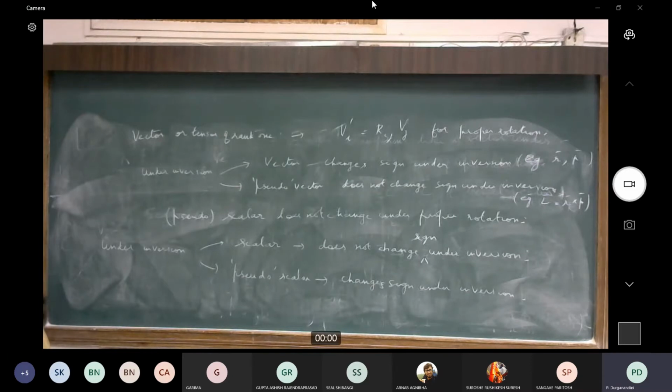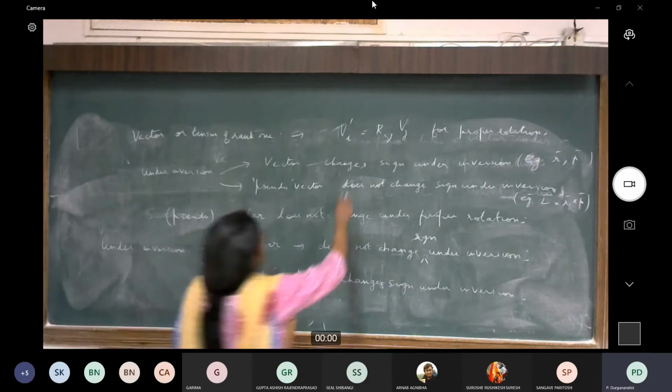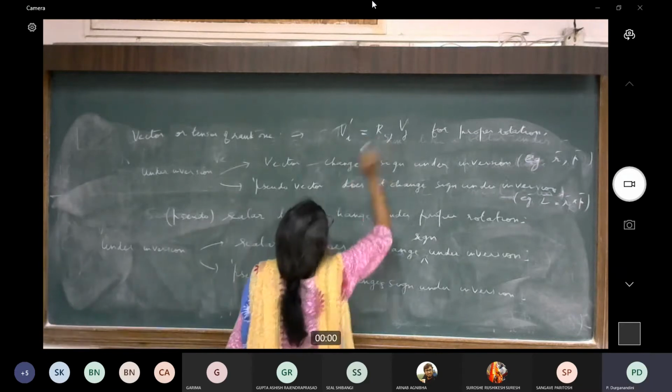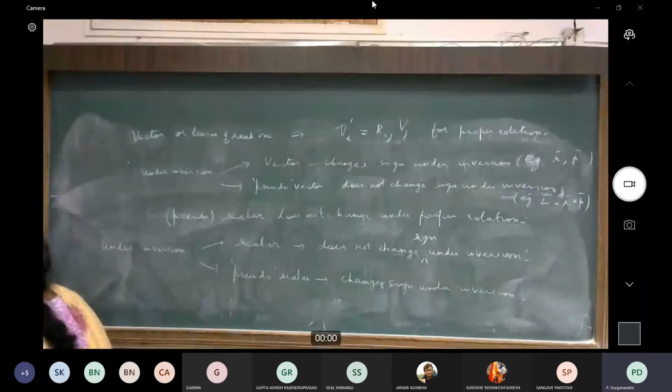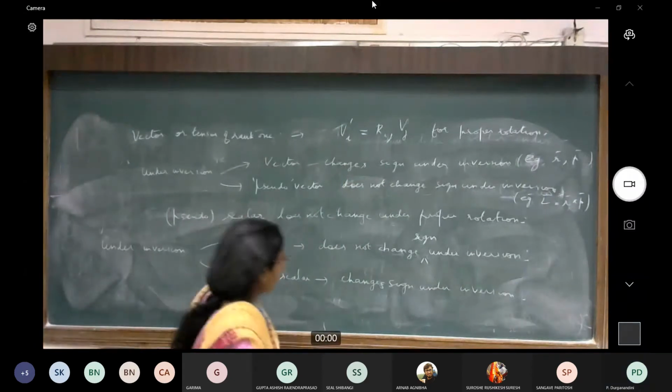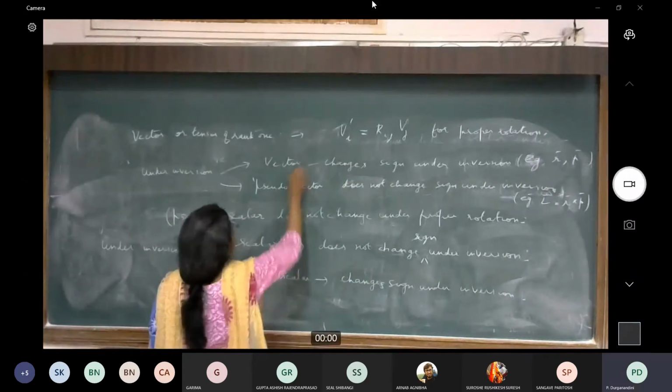So more generally, what I can show is the following. Under proper rotations, it is this, but you want this. So I'll write a more general definition in the following way. Let's first do it for vectors.